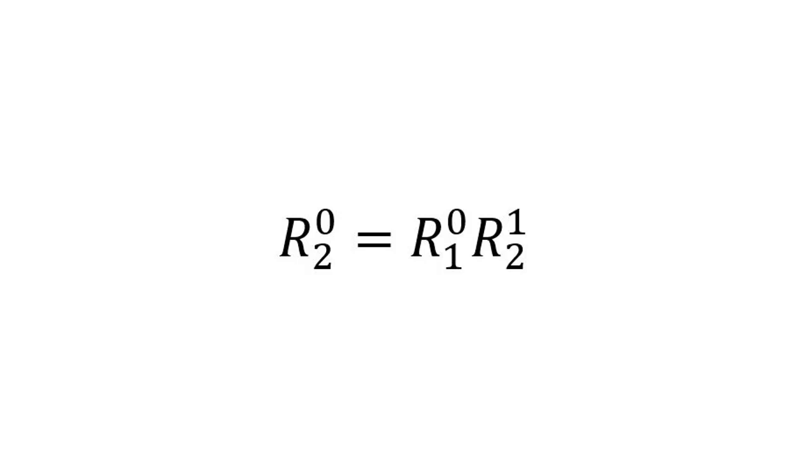Lastly, I can find the complete rotation matrix from frame 0 to frame 2 by multiplying these two rotation matrices together. Let's do an example to see what this rotation matrix means for our physical manipulator that we've built.